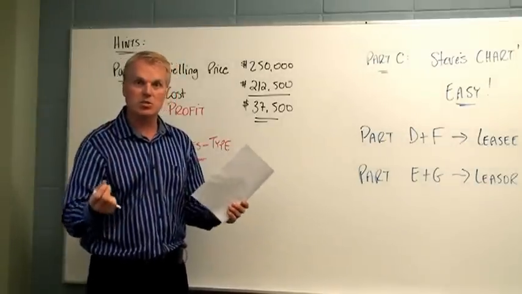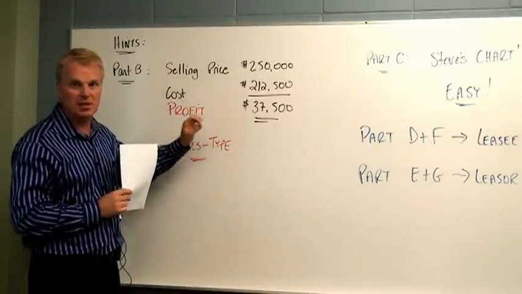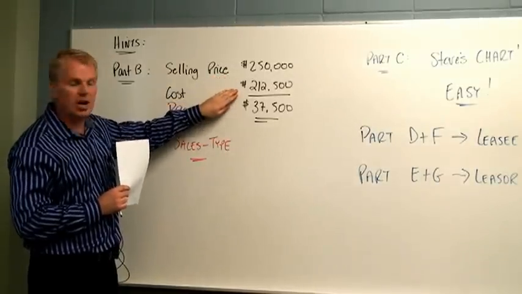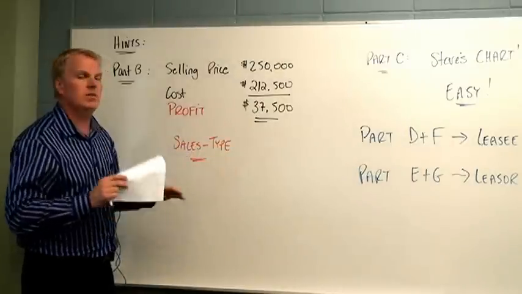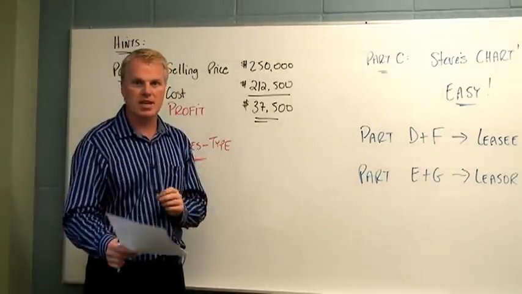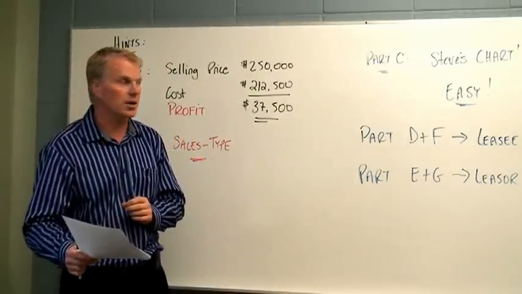But what I've seen students struggle with over time is determining what type of lease this is. There's a selling price of $250,000 and a cost of $212,500. There's a profit here. Therefore, there's a sales type lease. Because there is a profit, it's sales type. Sounds so simple, and I want you to get that 1 mark.